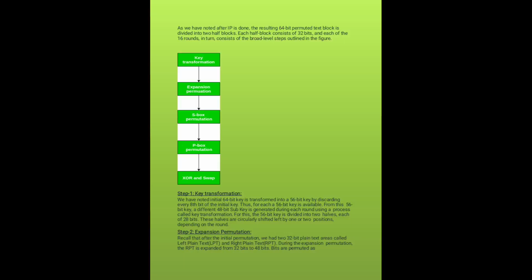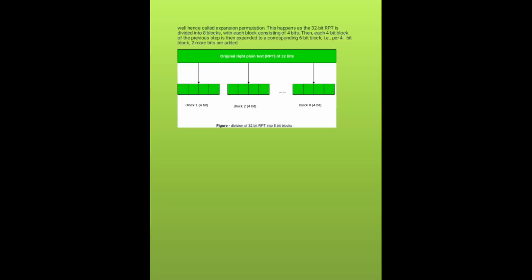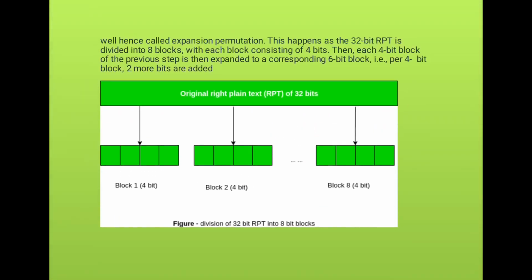Then each 4-bit block is expanded to a corresponding 6-bit block, that is, 2 more bits are added to each 4-bit block. In this we can see the original right plain text of 32 bits: block 1 has 4 bits, block 2 has 4 bits, and so on. Block 8 has 4 bits.